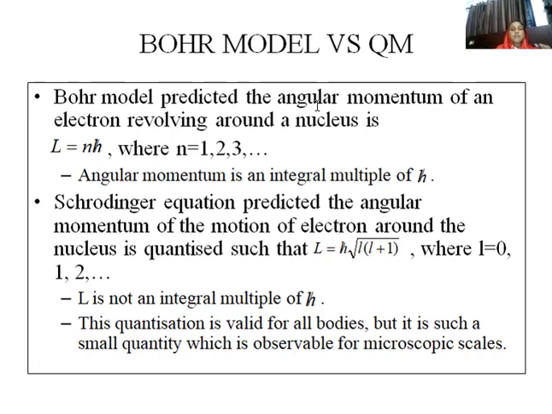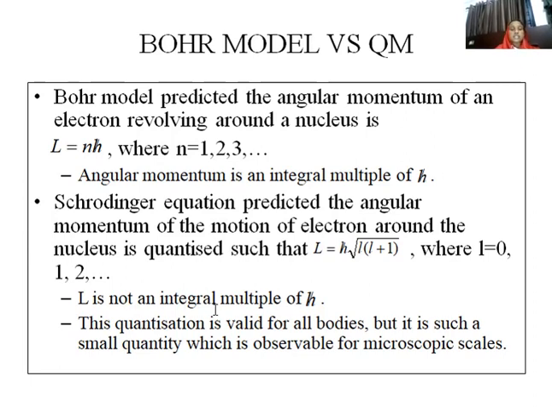At the same time, when we deal with quantum mechanics, the Schrodinger equation predicts the angular momentum such that L is equal to root of l into l plus 1 times h cross. Here l can take values 0, 1, 2, etc. In the context of the Schrodinger equation, the angular momentum is not necessarily an integral multiple of h cross.